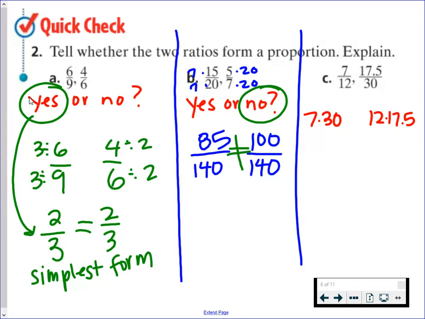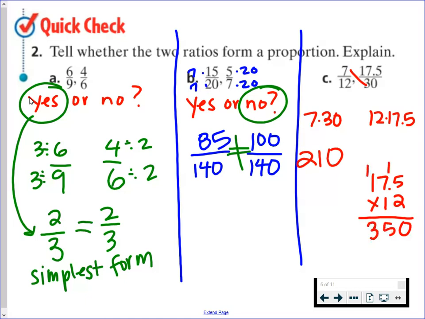So I have to go back to cross product as my strategy. 7 times 30, 210. 12 times 17.5, I don't know. Need a side problem. That did not look like it was going to be equal at all.